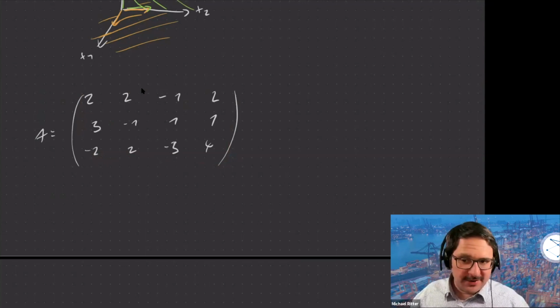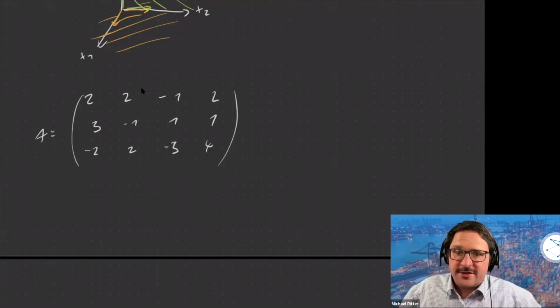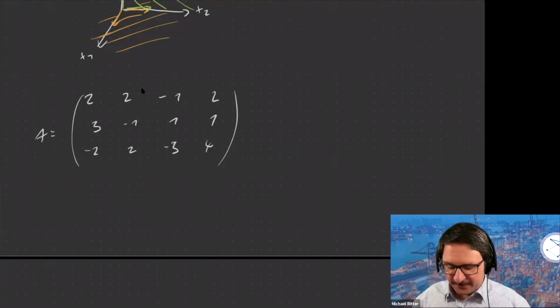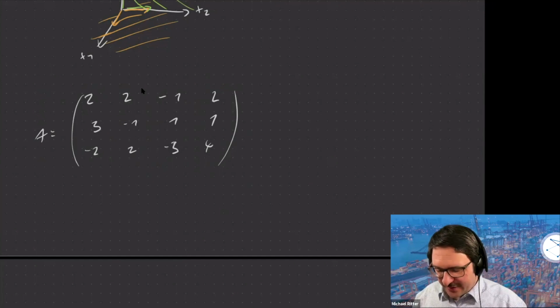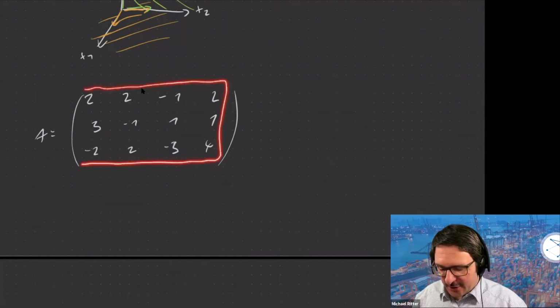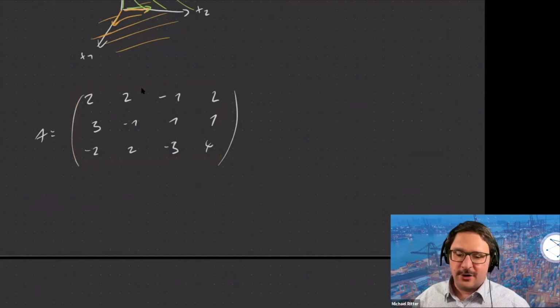We know the column space is a subset of R3 already, so the dimension can be at most 3. It cannot be larger than the space it's contained in. So we can be sure that the 4 columns cannot be linearly independent. That would be too large. But of course, the dimension could still be smaller if we didn't have the rank information. It could be 2 or 1 or maybe even 0.